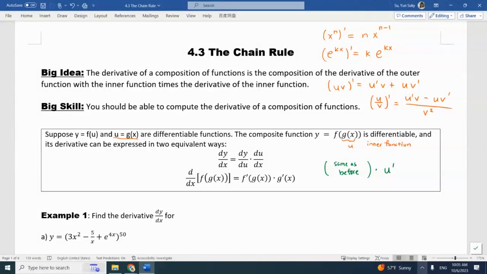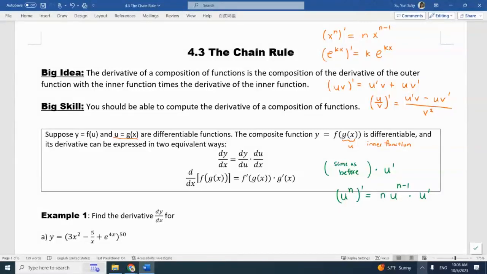For example, our power rule: u to the n, prime, is same as before. We put the n in front and then u to the n minus 1. This is same as before, but then you multiply by u prime at the end.